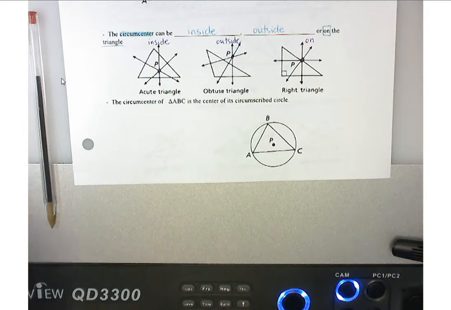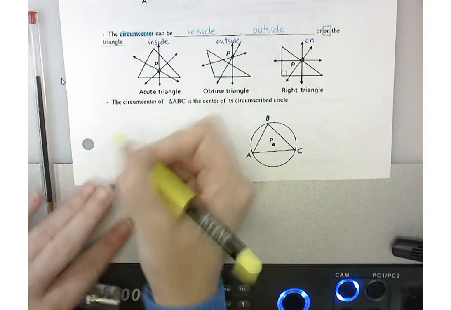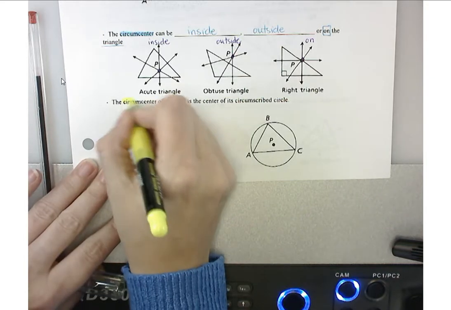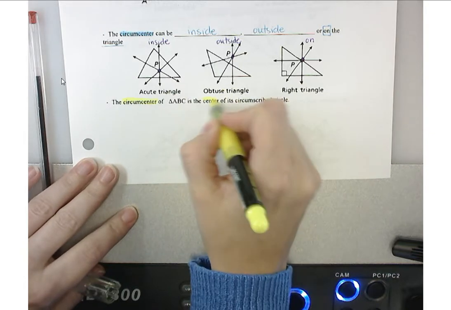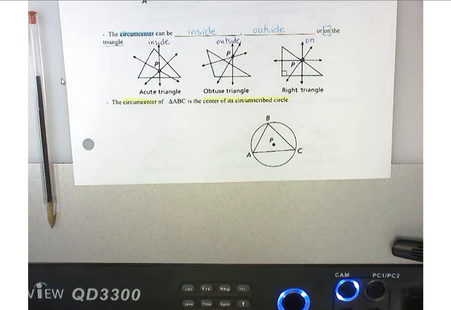Okay, so something else special about the circumcenter is that it would be the center of its circumscribed circle. And we'll talk about what that means. So the circumcenter of a triangle ABC is going to be the center of its circumscribed circle. So if you look at the picture, that'll help you with that definition.